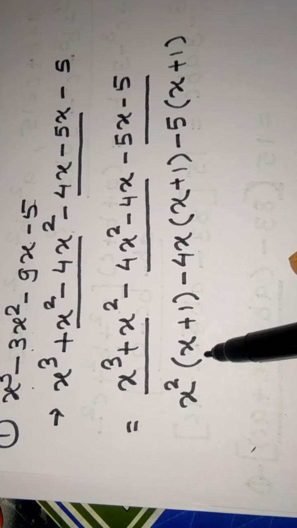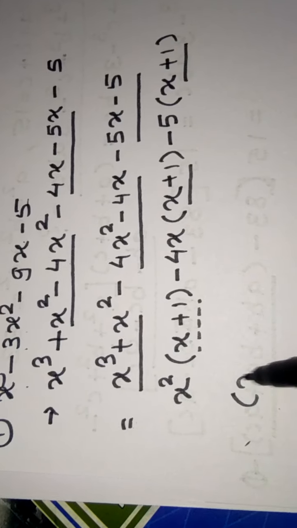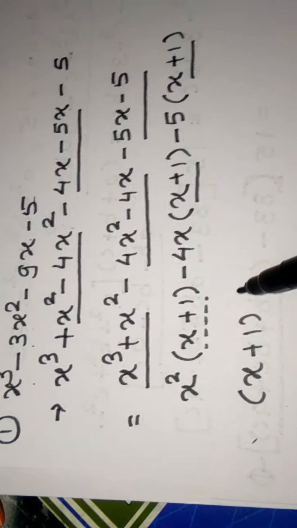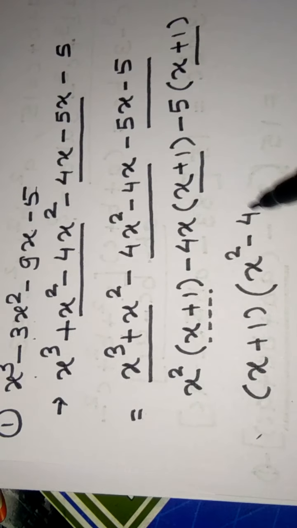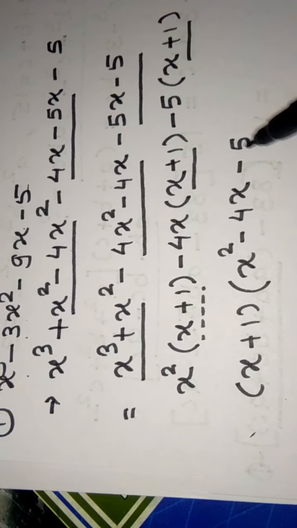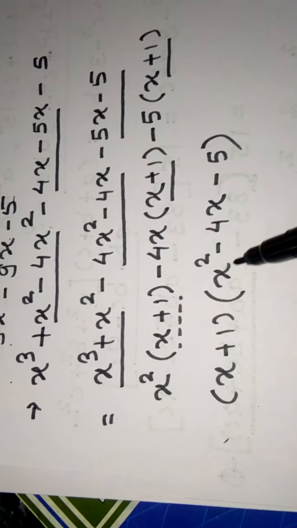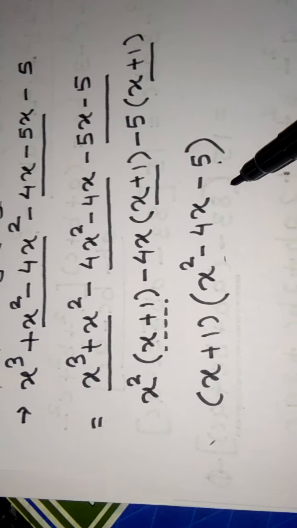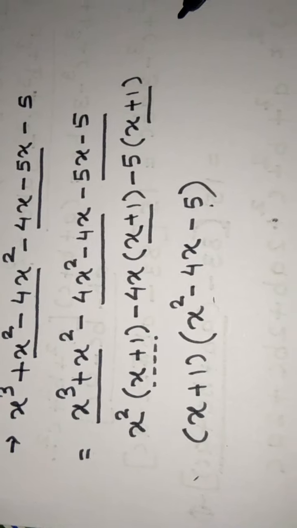Now x plus 1 is common to all these three terms. We can take x plus 1 common outside and the remaining are x square minus 4x minus 5. Now it is easy. This is a quadratic polynomial, and it can be factorized by any method.